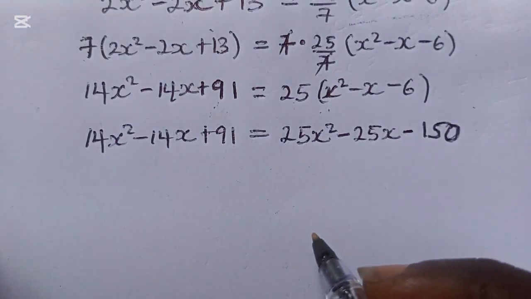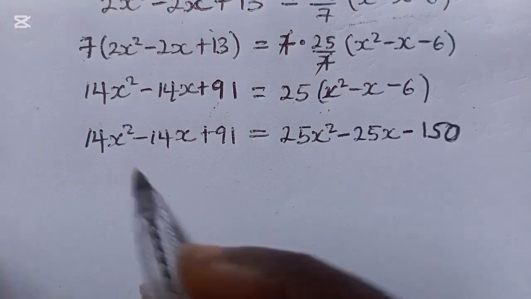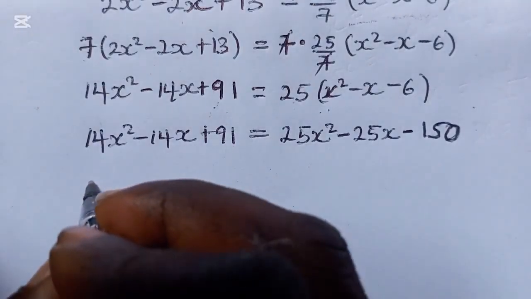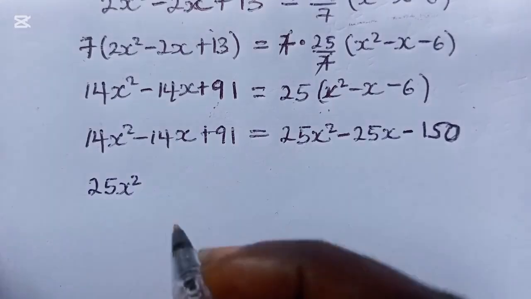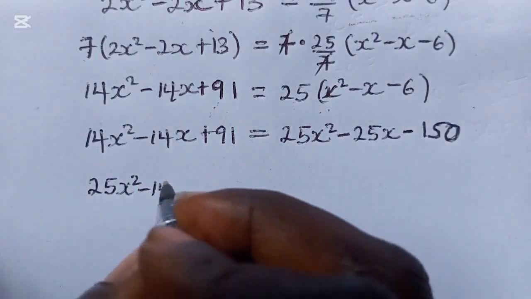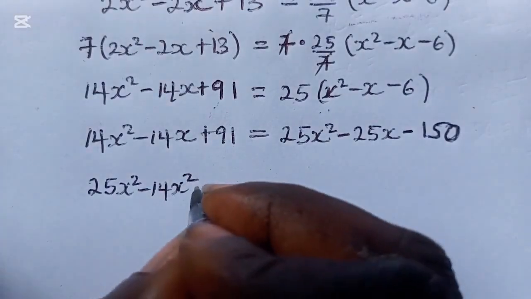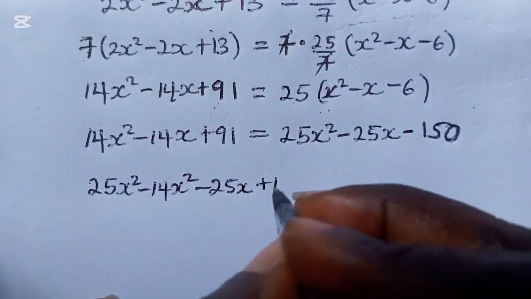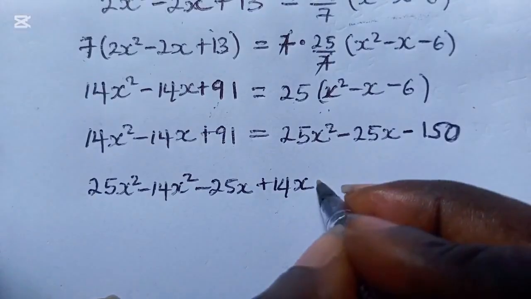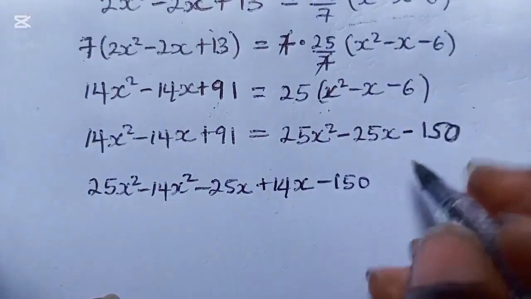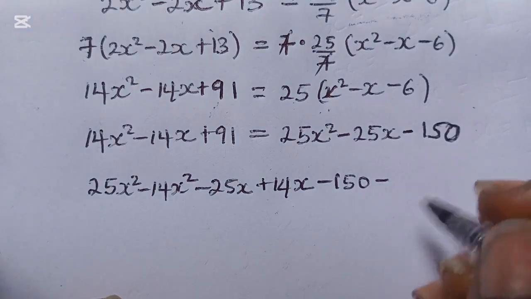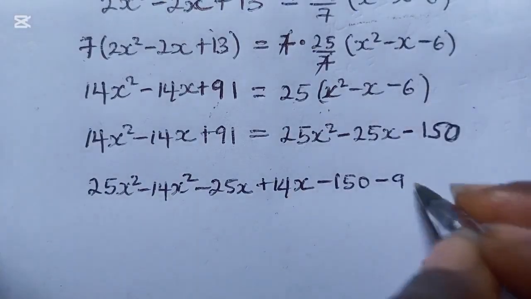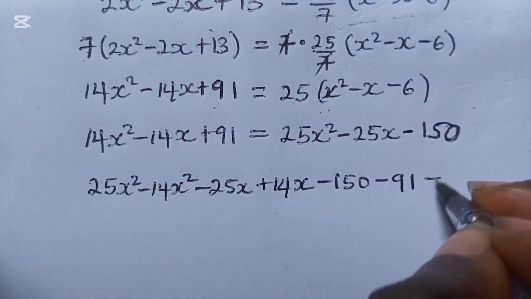What we do next is to collect the like terms. Let's move all of this to the right hand side. So we are going to have 25x square minus 14x square, minus 25x plus 14x, then minus 150 minus, that should be minus 91, equals to 0.